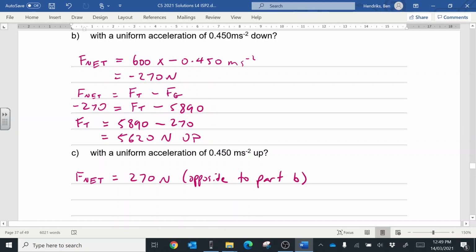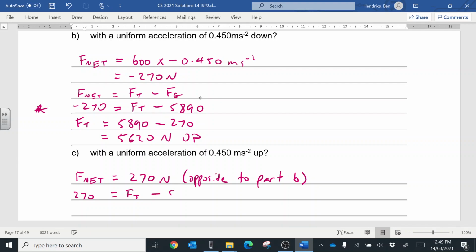Okay, so that's the opposite direction. So F net again, same as up here. This time it's positive though, so 270 is equal to Ft minus 5,890.